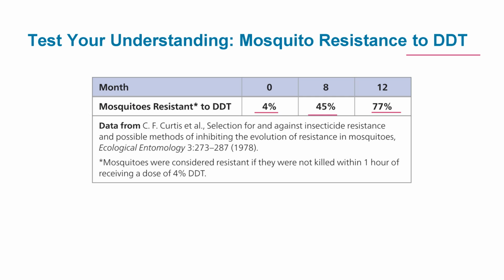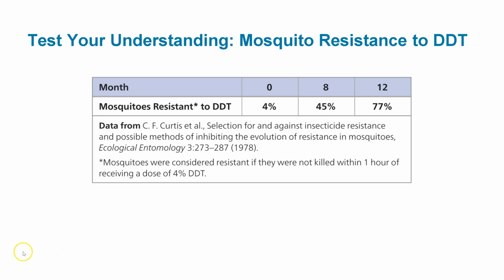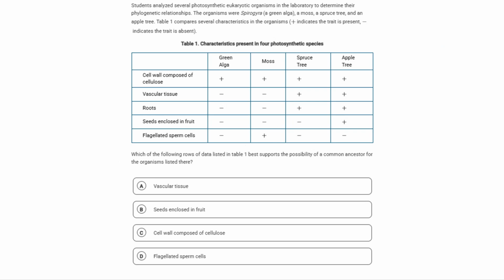Because the mosquitoes that had a variation that led them to survive when DDT was applied, survived and passed that trait on, which natural selection selected for. I probably should use a different word than selected for, but that's an example of that. Okay, and so you can see that's an example.